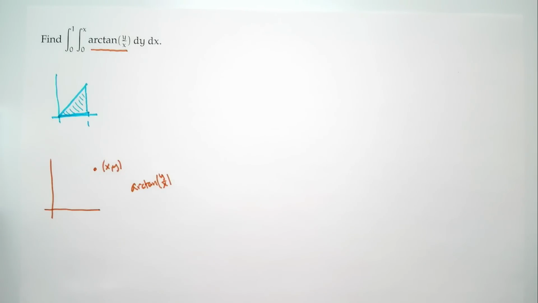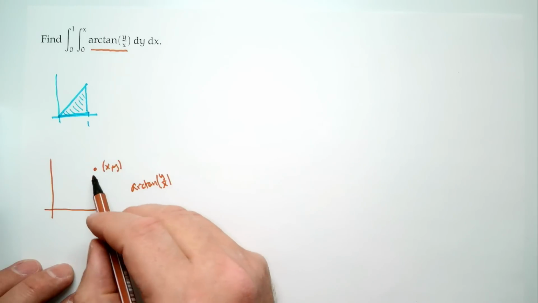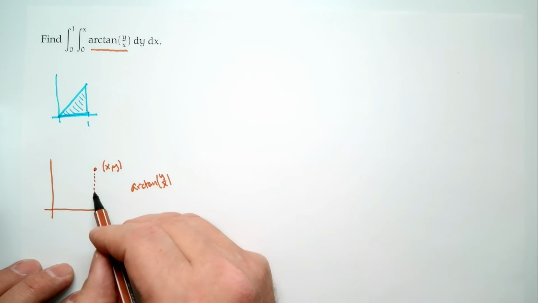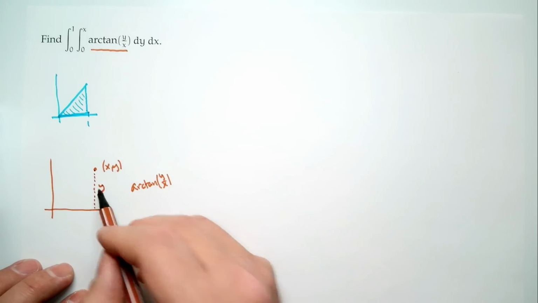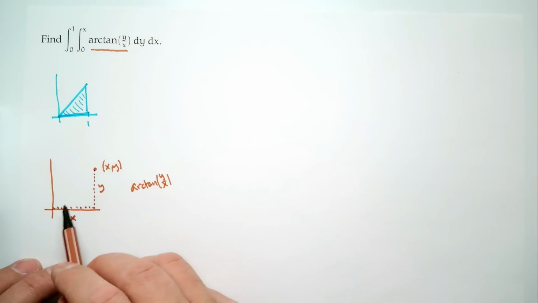And I want to understand what this expression I'm trying to integrate corresponds to. Well, you can think about x and y as actually being measurements of something. So, for example, y is that distance there. And x is that distance there. Because x indicates how far you move in the x direction, y how far we move in the y direction.